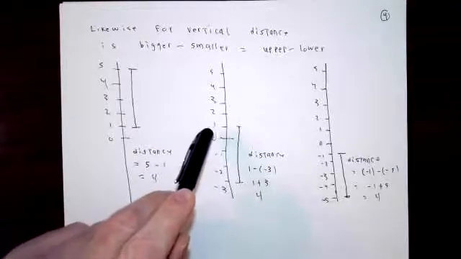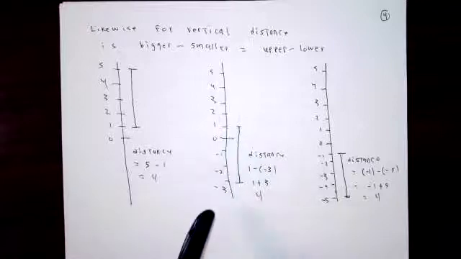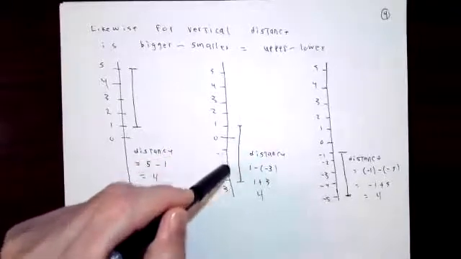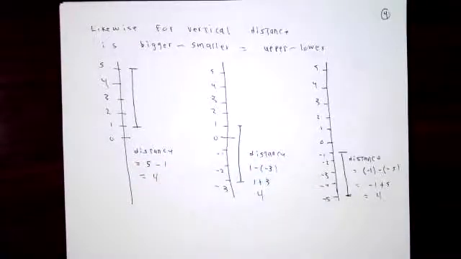Start at vertical position 1 and go to -3, and count the distance off. 1, 2, 3, 4 units of distance. The big number is 1, the small number is -3. 1 minus -3 works out to be 4.